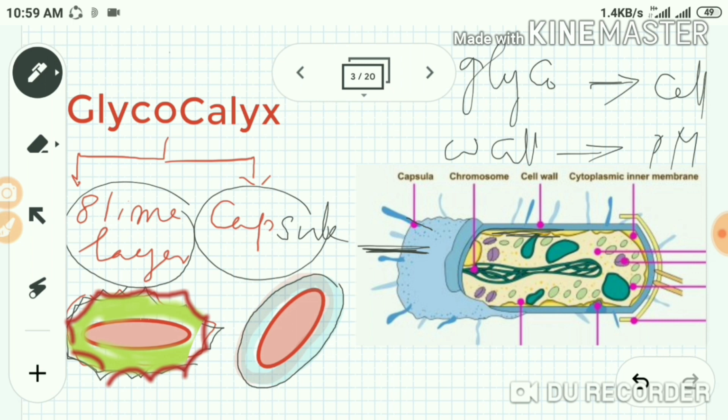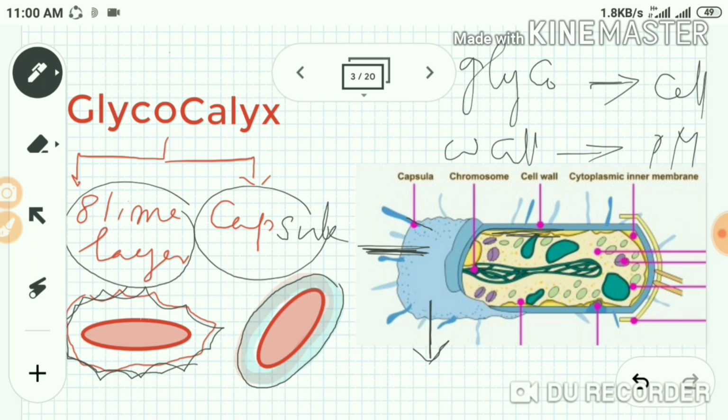It is found tightly packed with the cell wall. Got it? It is something like some people may prefer tight fitting jackets while others would like loose ones. Similarly, you can compare the loose one to the slime layer and the tight fitting one to the capsule. So here, the outermost layer forms the capsule.